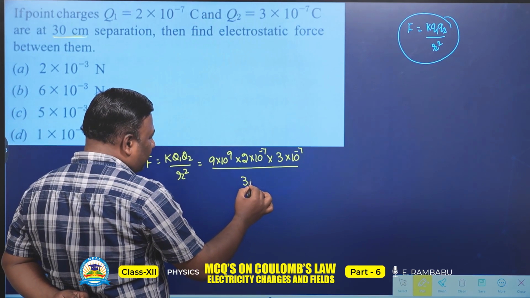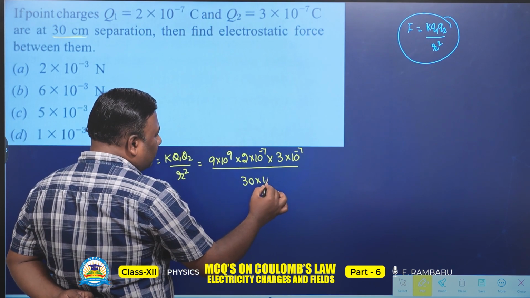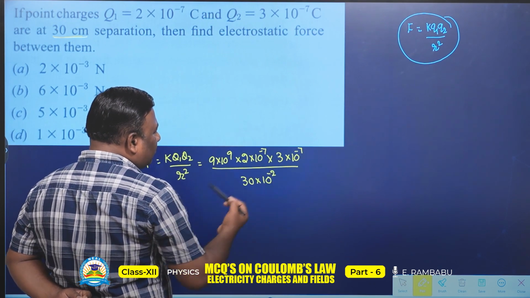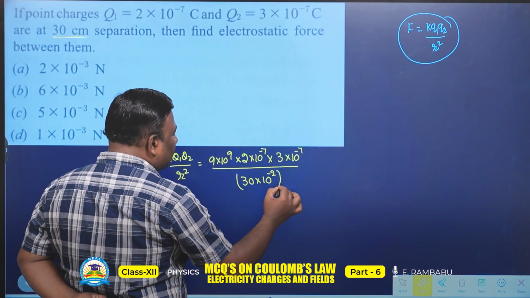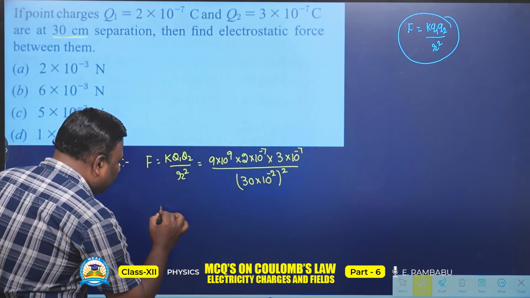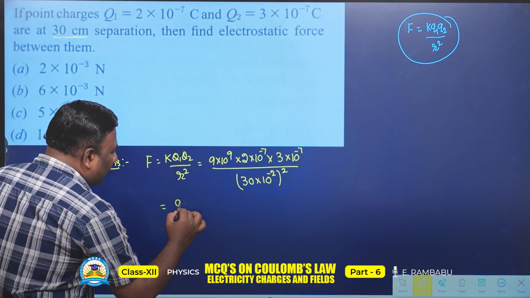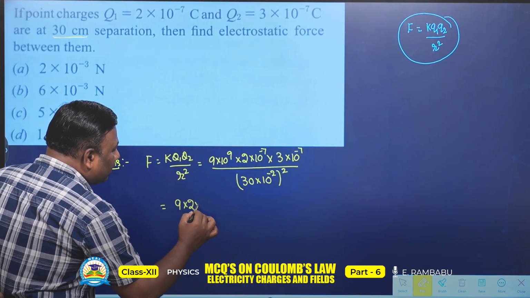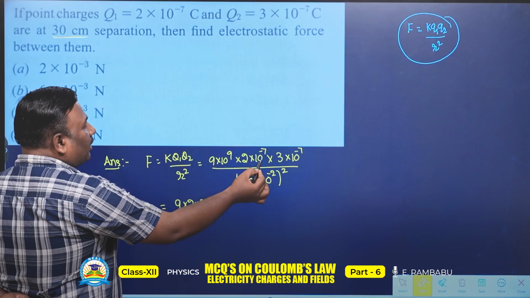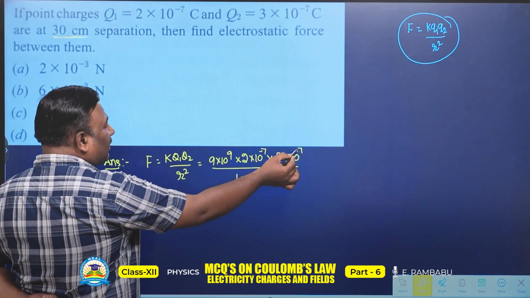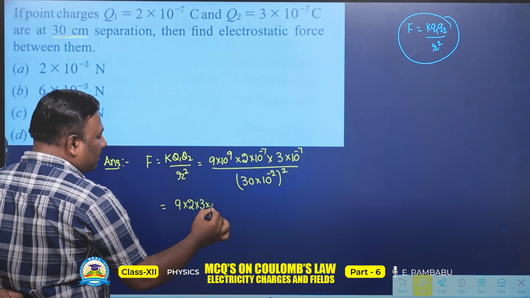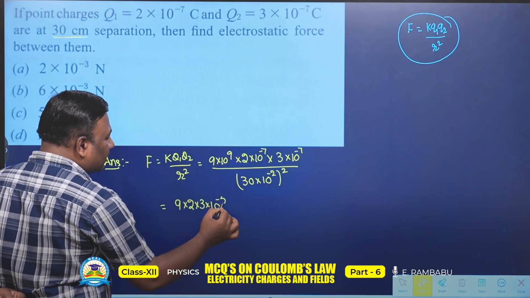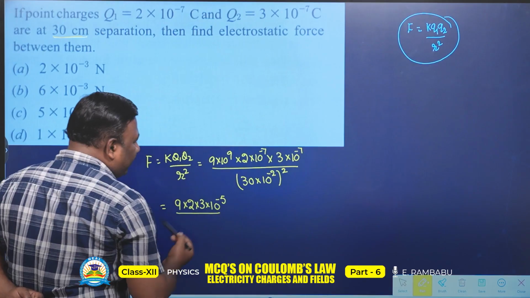Converting centimeters into meters, it is 30 into 10 to the power minus 2, whole square, because it is R square. Simplifying, the numerator is 9 into 2 into 3 into 10 to the power minus 7, 10 to the power minus 7, which is 10 to the power minus 14; plus 9, it is 10 to the power minus 5, divided by the denominator.